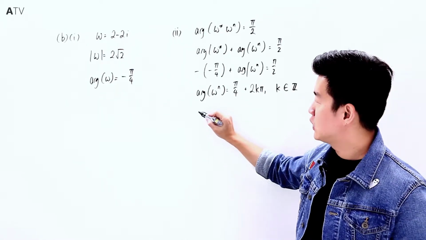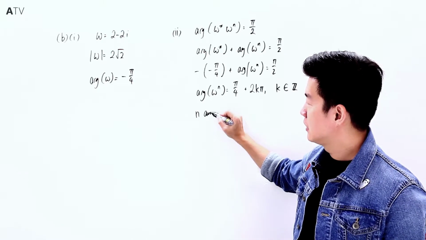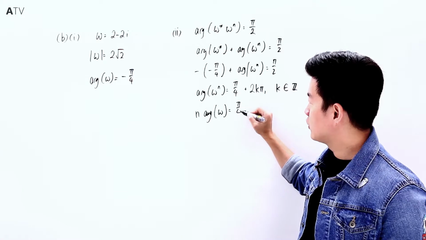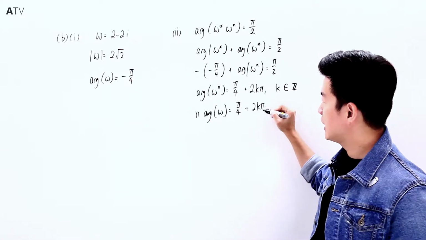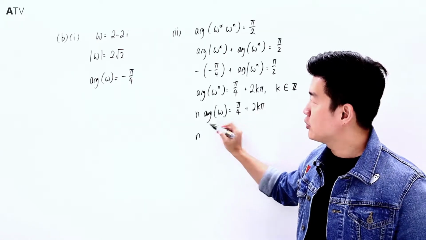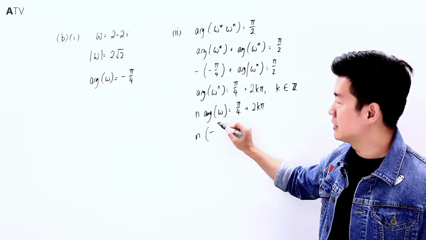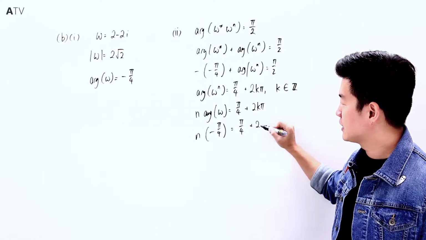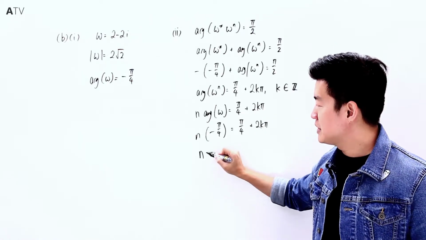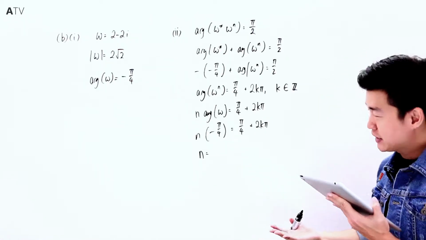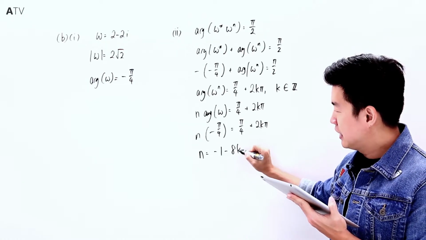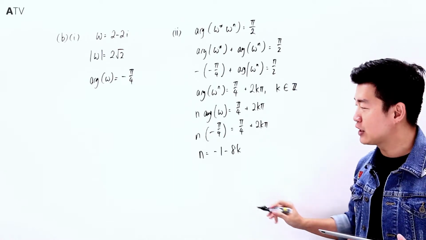So what I have now is n times the argument of w is going to be pi over 4 plus 2k pi, and the argument of w is minus pi over 4, which means that the form of n is going to take up an expression of minus 1 minus 8k, where k is an integer value.